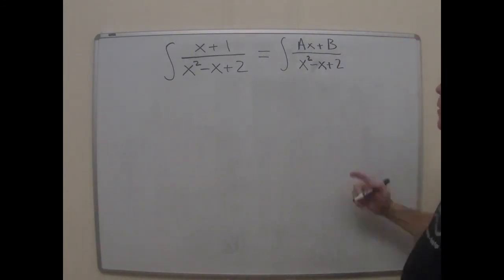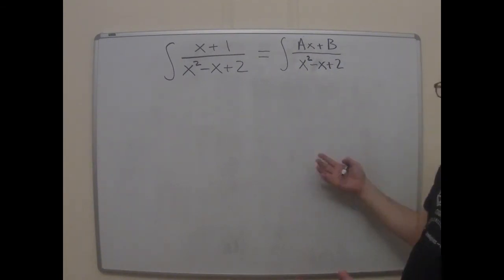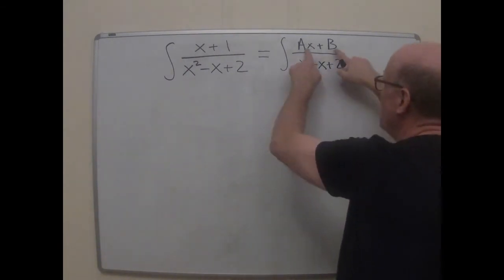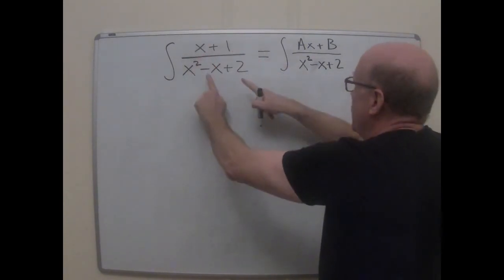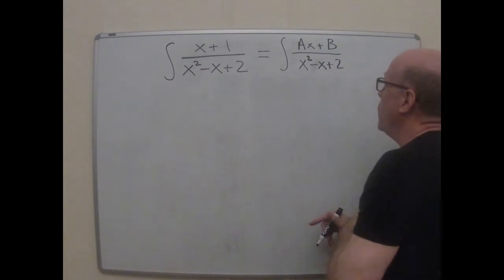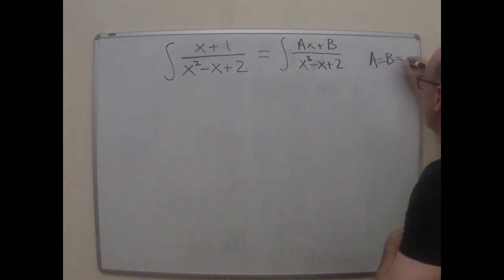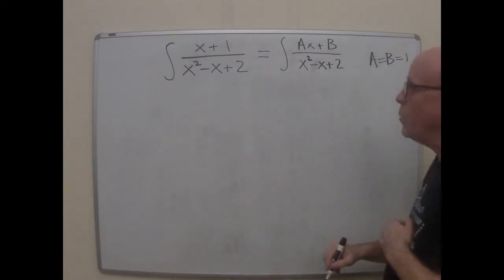So what are a and b? Well, in this case, there's no work to do because ax plus b has to equal x plus 1. So a has to be 1 and b has to be 1. They're both 1. So we got lucky on that one.